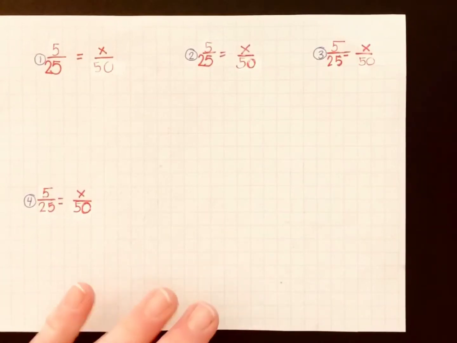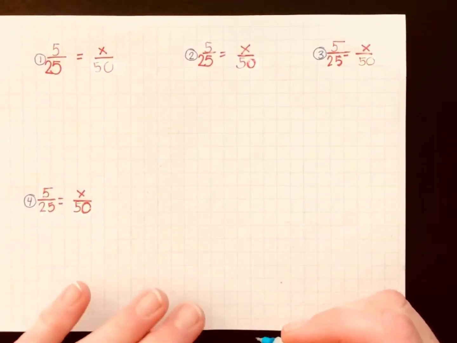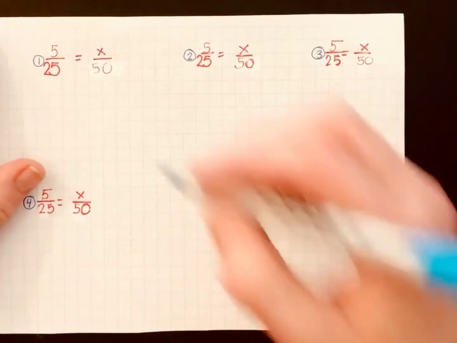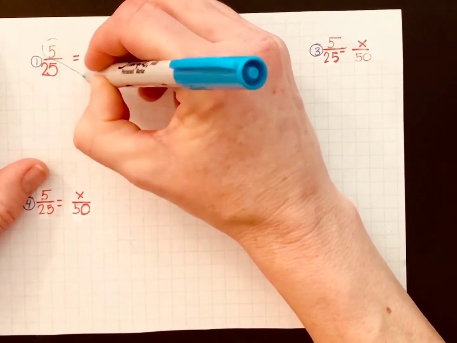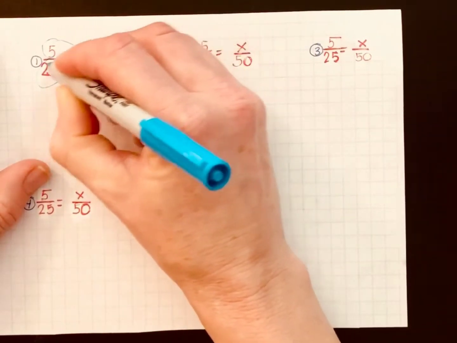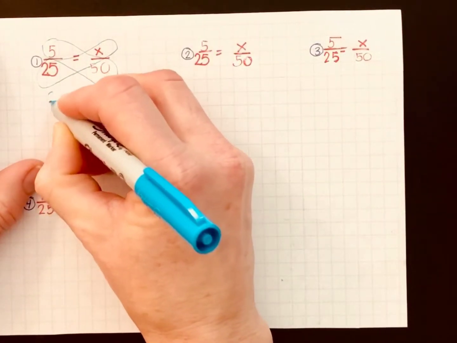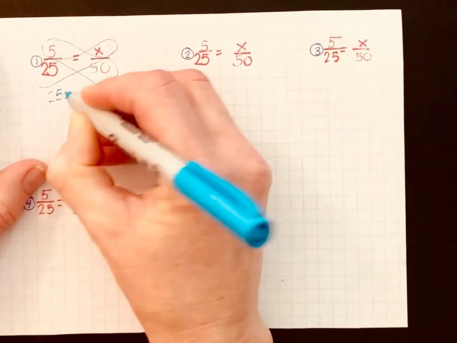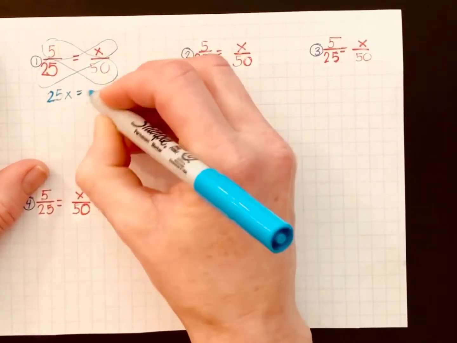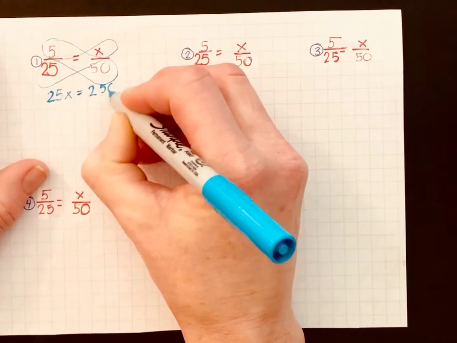How many 50ths? So there is the standard algorithm for proportion, and that would be this. It's where you cross multiply. This is the standard algorithm. So you get 25 times x is 25x equals 5 times 50 is 250.